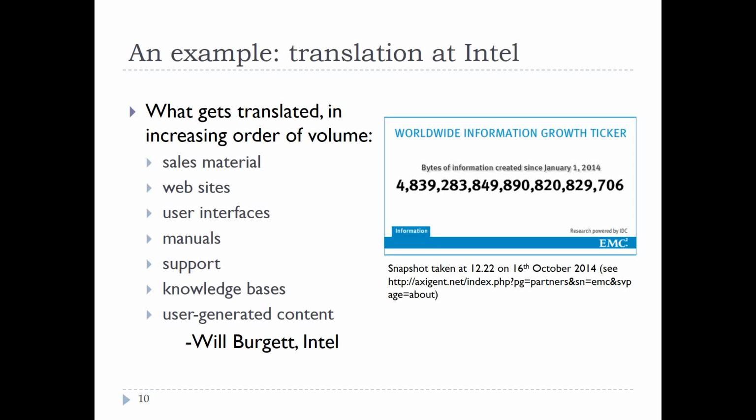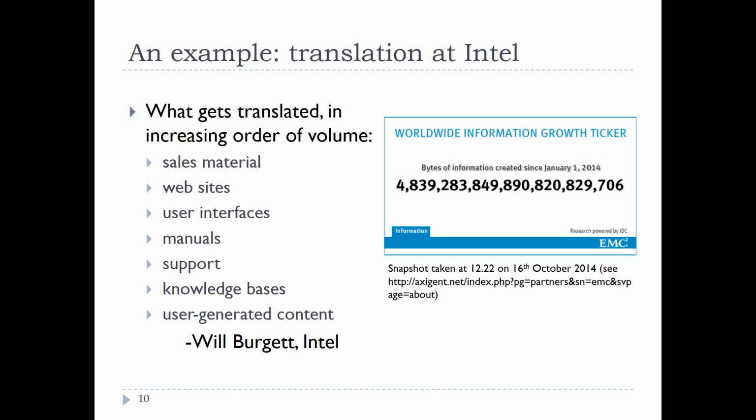Now, the list on the left-hand side involves types of material which occur in increasing amounts. So with sales material, the idea is that the sales material attached to a particular product would be relatively restricted in scope, and so would generally be worked on by human translators.